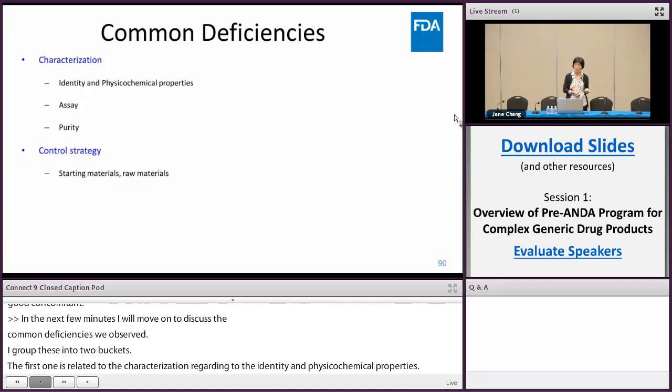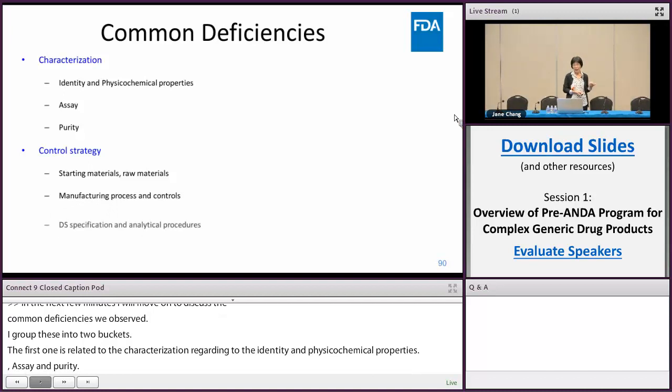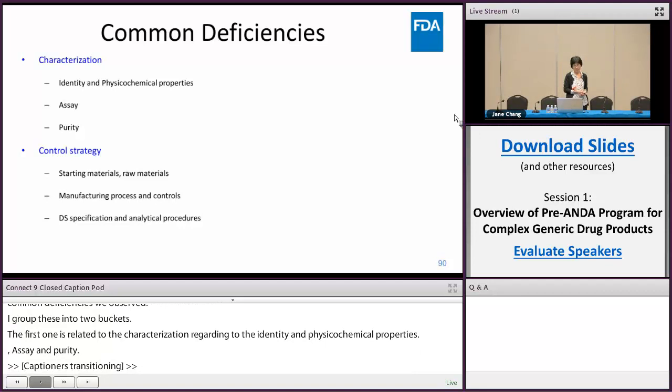The second bucket is related to control strategies, for example, starting materials and raw materials control, or manufacturing process and controls, in the areas of drug substance specification and analytical procedures for sameness characterization or release and stability testing. In general, if issues are identified for the drug substance specification and analytical procedures, these issues need to be resolved before drug substance retest periods can be established.